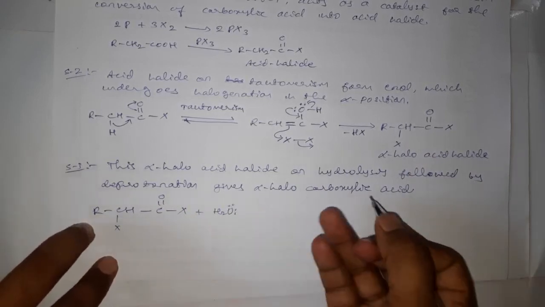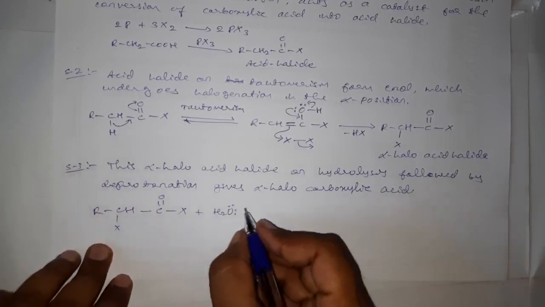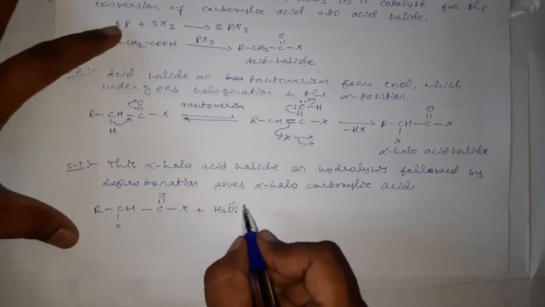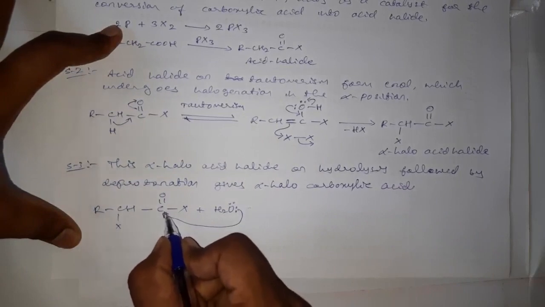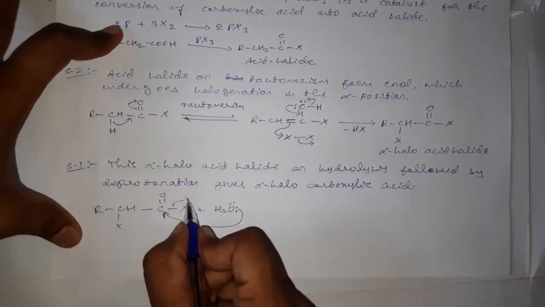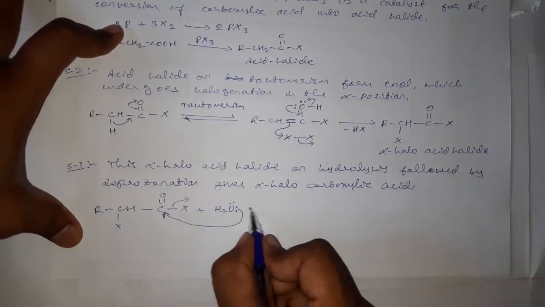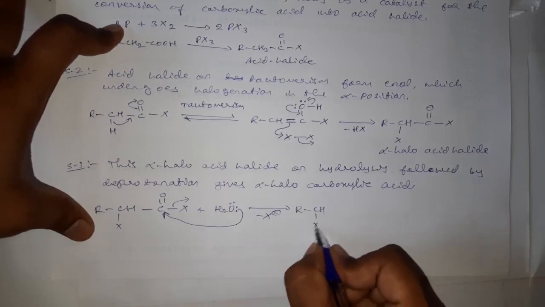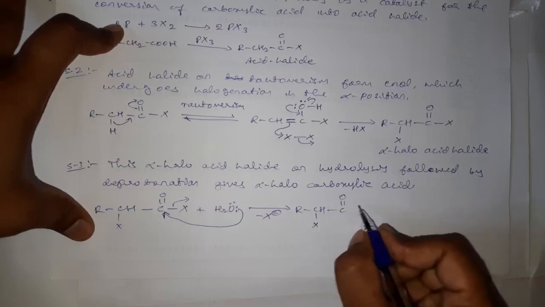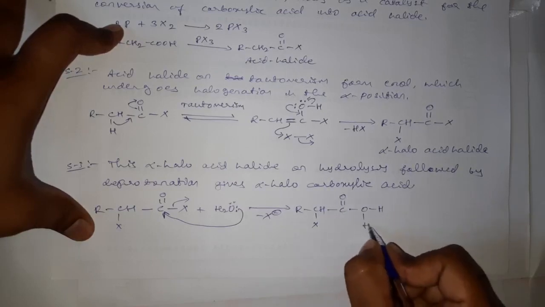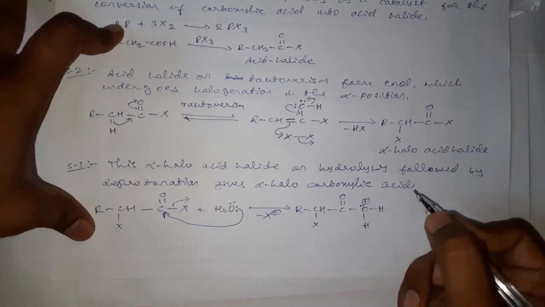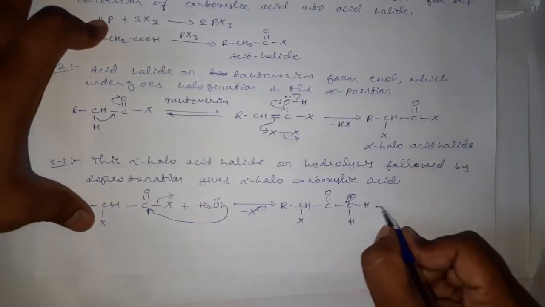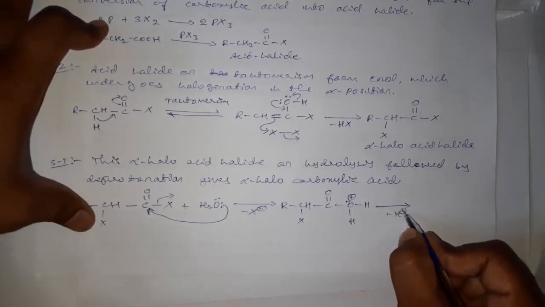that is, it is allowed to undergo hydrolysis, and this oxygen which is having lone pair of electrons will now act as a nucleophile, and it will attack on this carbon, and as this carbon is forming new bond, it loses its old bond, means this X will go as a halide, X minus, and now we will get RCHX C double bond O OH H, and this oxygen is having a lone pair of electron and having 3 bonds, becomes unstable and gets a positive charge, and now deprotonation will take place, that is loss of H plus.